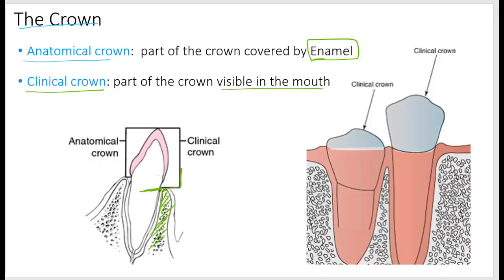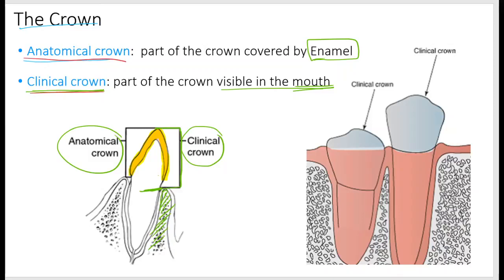So when we say a clinical crown, we mean whatever is visible inside of the mouth, because we can see that technically in the clinic. The anatomical crown is just the anatomy of the tooth, and you can see the crown is just the part that is covered by enamel. So that's the main difference between the anatomical crown and the clinical crown.